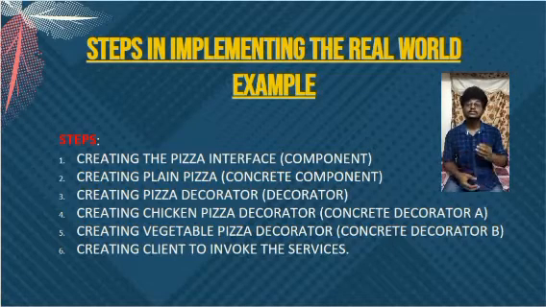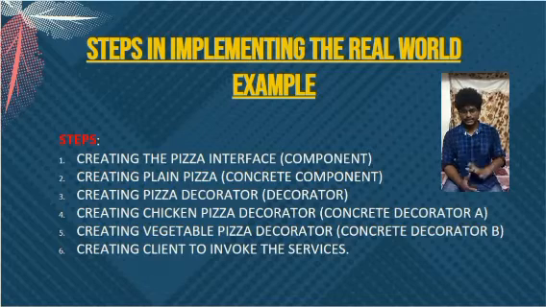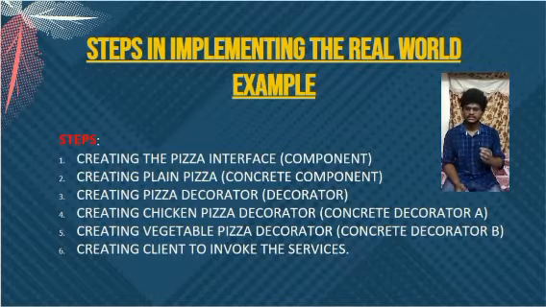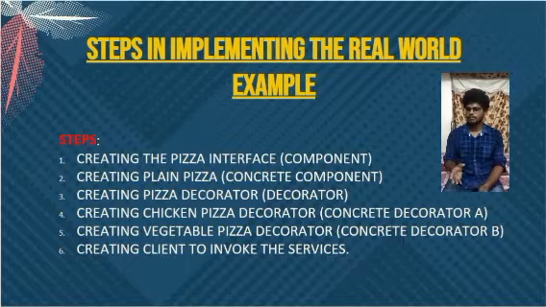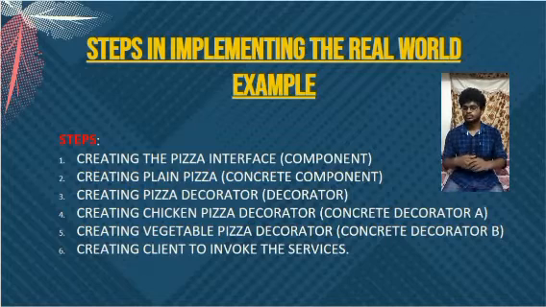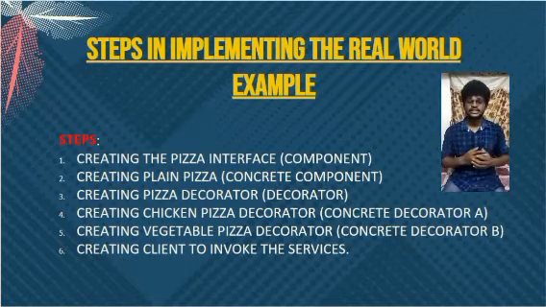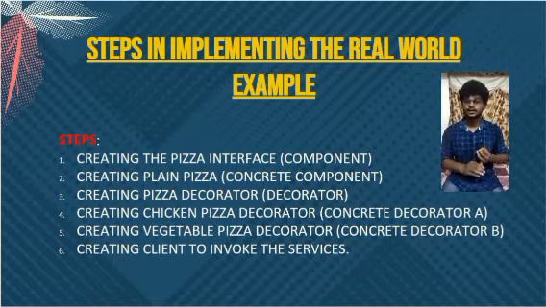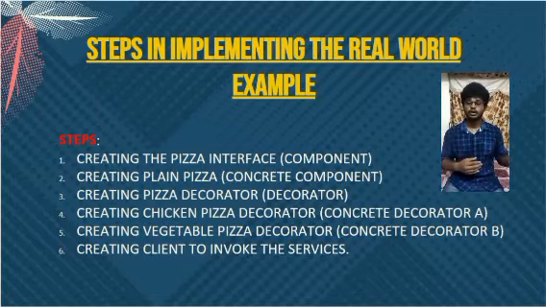Third step, creating the pizza decorator, which is a decorator. This is going to be an abstract class. This class also implements the make pizza method. The existing pizza object which we want to decorate needs to be passed as an argument to the constructor of this class. Step 4. Creating chicken pizza decorator and vegetable pizza decorator. This is going to be a concrete class.